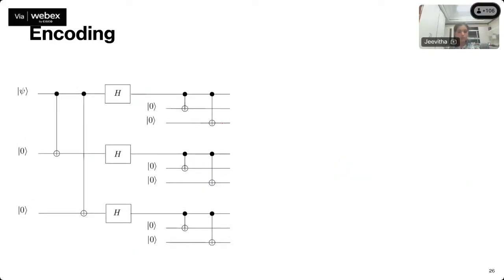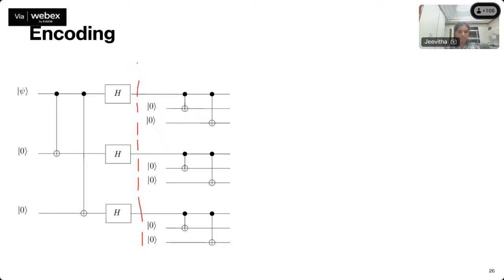So this is the circuit diagram for encoding of Shor's code. So here, this is for the phase flip, and this is for the bit flip. Sorry for my drawing skills and writing.